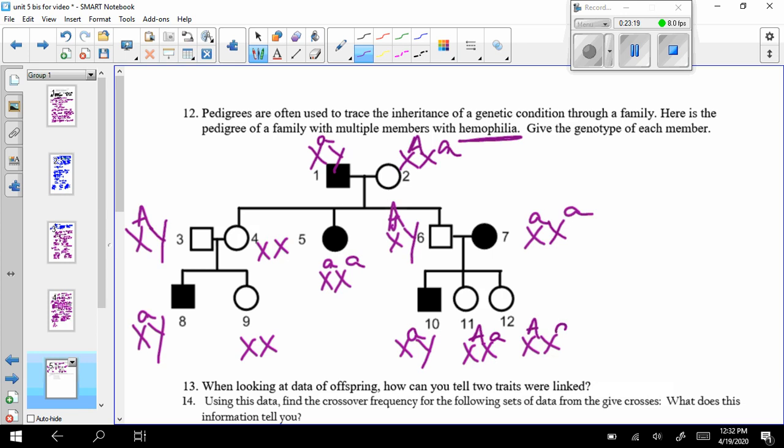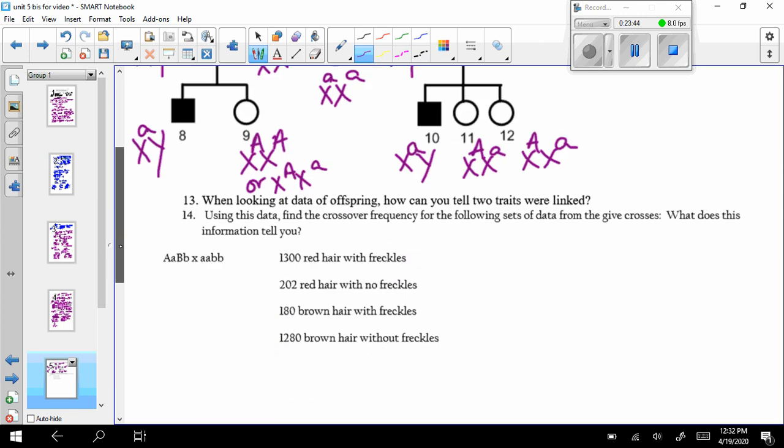They have a mom with that trait, so they had to have inherited a little a from her, but they don't have the trait, so they get a big A. Same with this one. Dad could only give that X^a. And 9 actually has 2 possibilities. It could be X^A X^A, or X^A X^a. There's actually 2 choices for number 9.